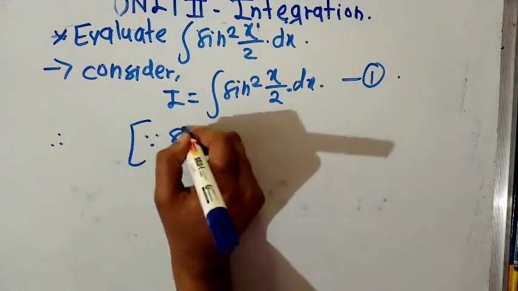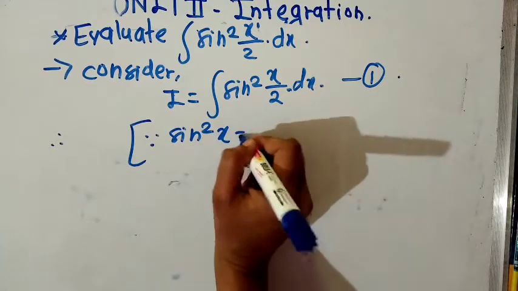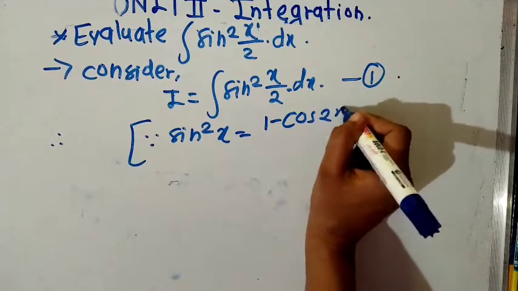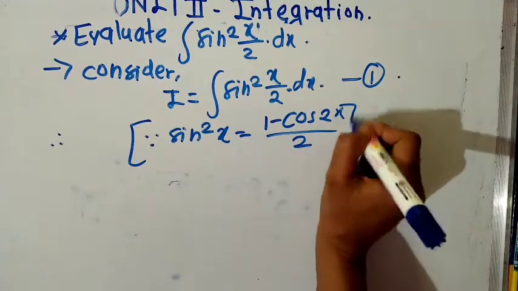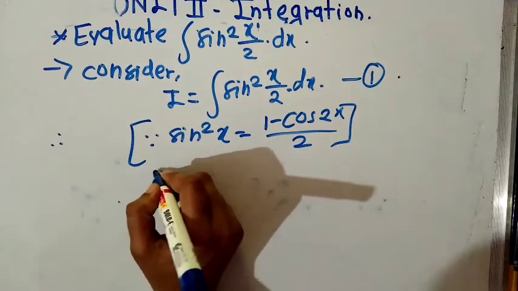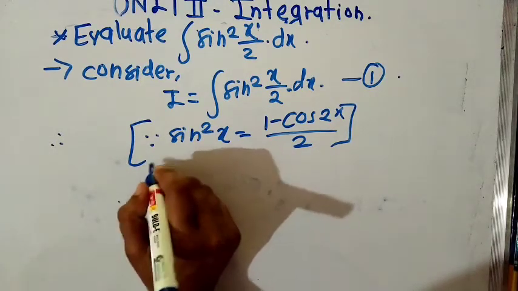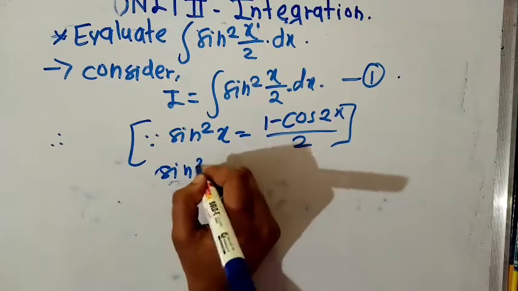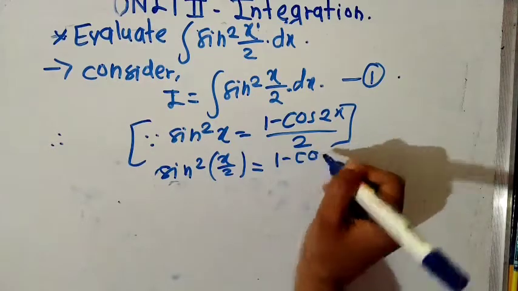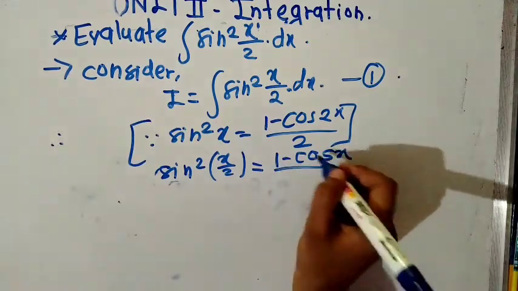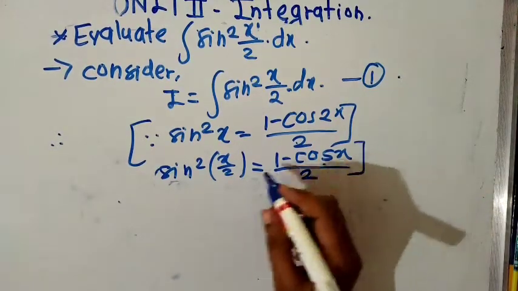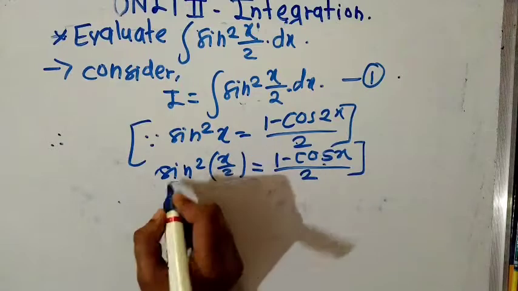And since sin square x is equal to (1 minus cos 2x) upon 2, sin square x upon 2 is equal to (1 minus cos x) upon 2. So put this value in this equation.